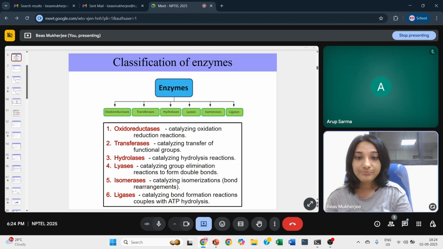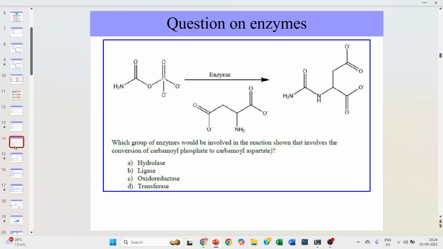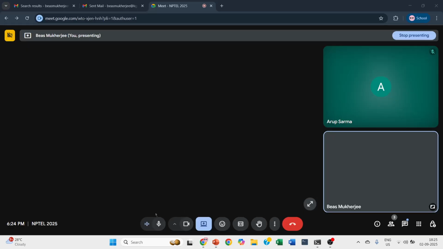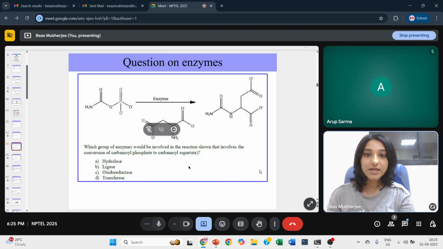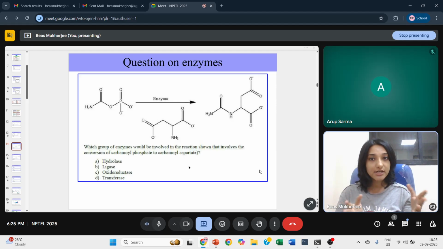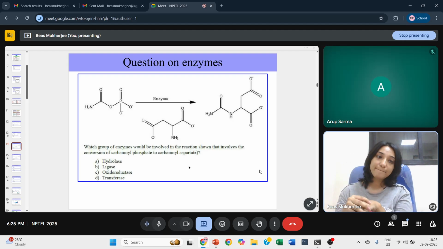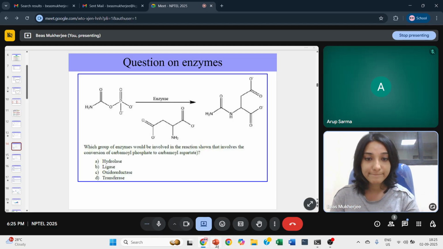There was a transfer of this particular chemical group, right? So this aspartate group was getting transferred to this carbamoyl group, and that is why it's a reaction performed by transferases.